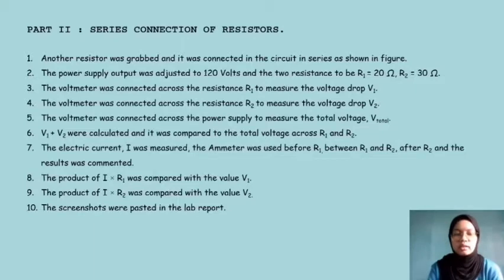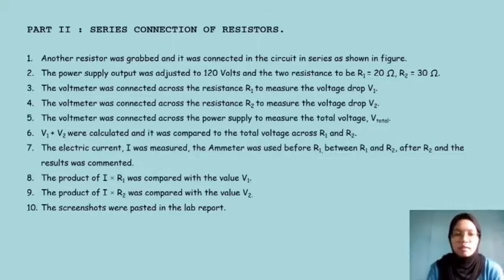So V1 plus V2 were calculated and compared to the total voltage across R1 and R2. The electric current I was measured. The ammeter was used before R1, between R1 and R2, and after R2, and the result was commented on.